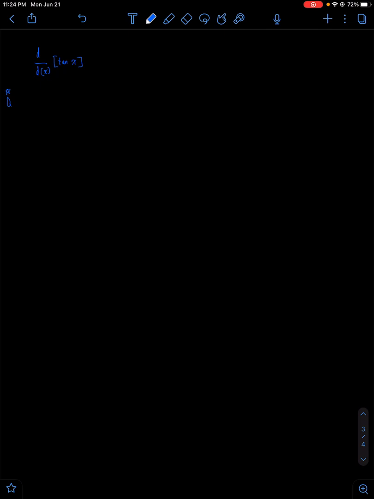Our quotient rule basically states that the derivative of some function is equal to I derivative j minus j derivative I, all over j squared. Okay? That's basically all it states.